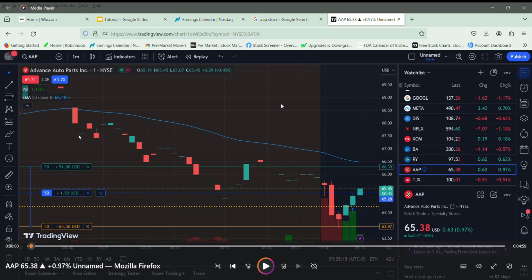So this would be our support. The stock is bouncing on this invisible line that's going down right here. And coincidentally, the resistance, which is the highest the stock wants to go, is following this line.